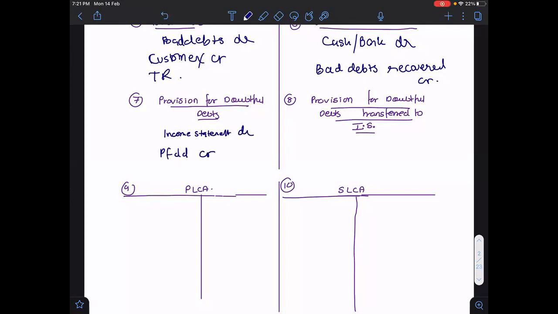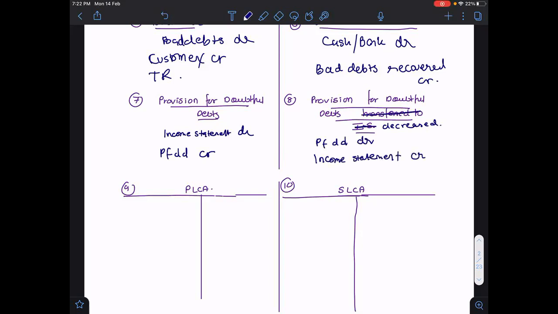Provision for doubtful debts, creating and transferring is the same thing. उसको वो transfer हटा दो and लिखो decreasing the provision. Decreasing the provision: provision for doubtful debts debit and income statement credit.